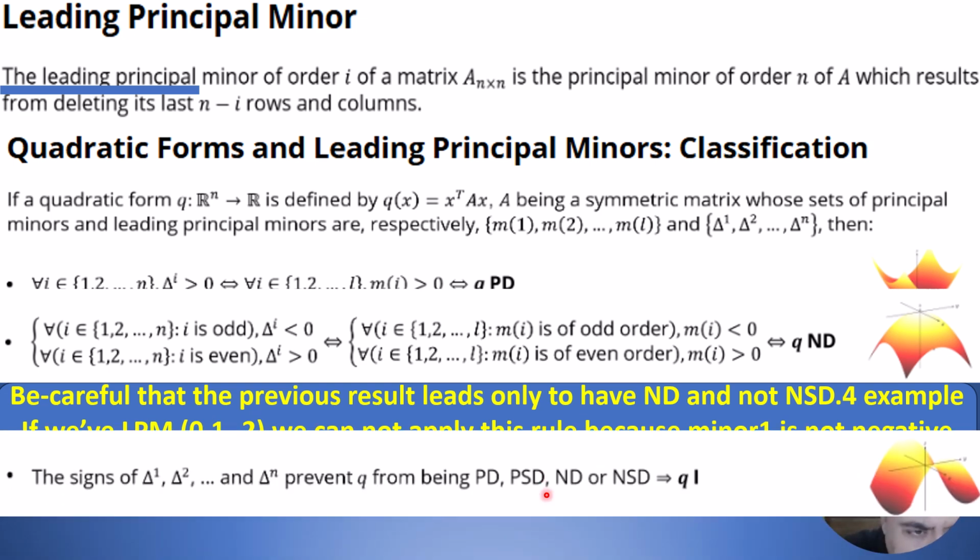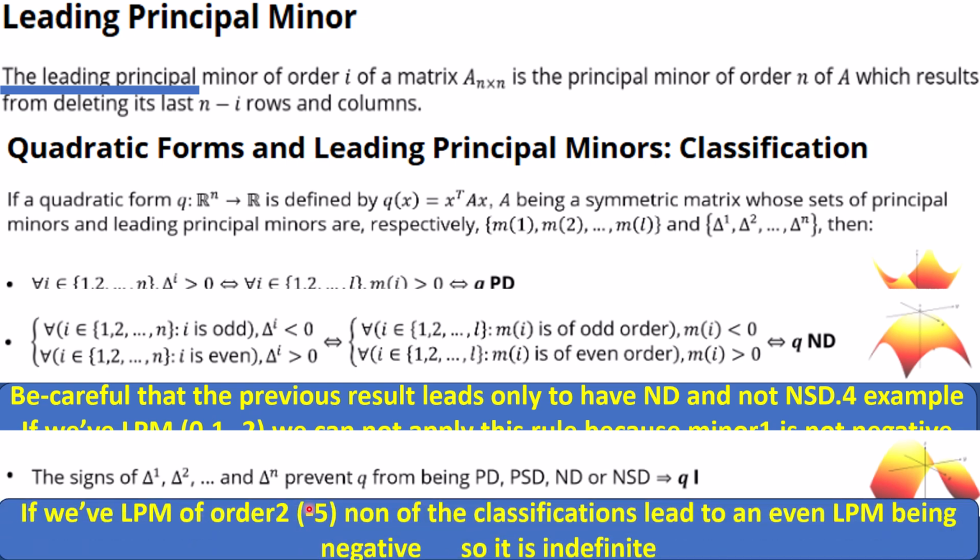Okay, once more, if the signs of the leading principal minors prevent Q, the quadratic form, from being positive definite, positive semi-definite, or negative semi-definite, it means we have an indefinite situation. And if we have a leading principal minor, let's say of order 2, with a negative value, none of the classifications lead to an even leading principal minor being negative.